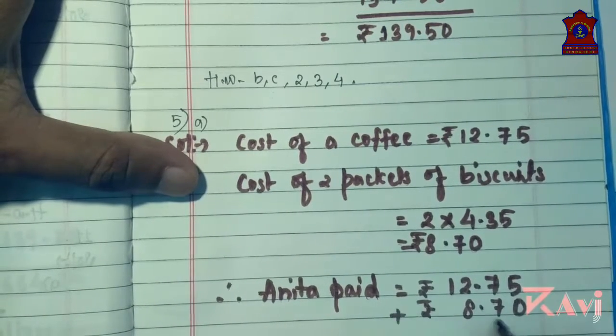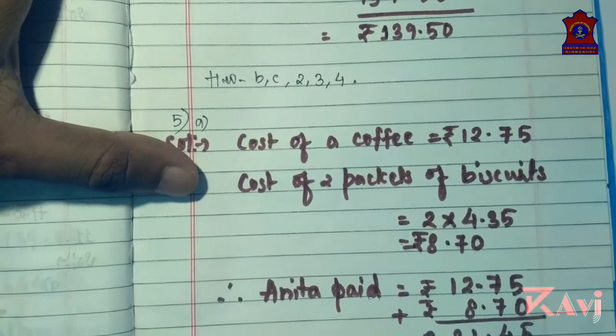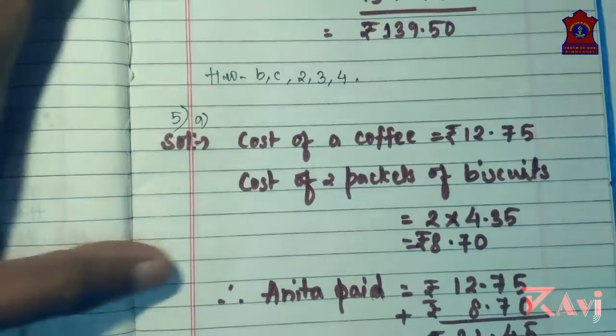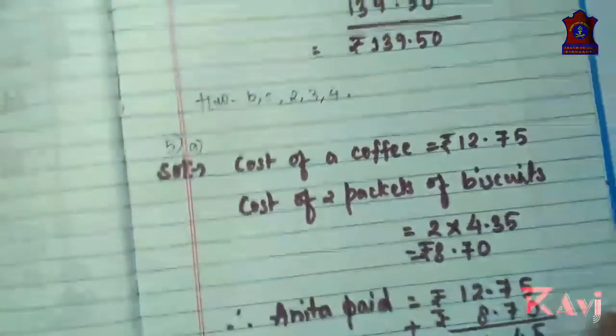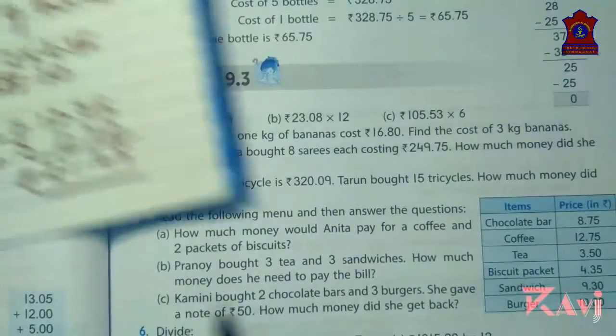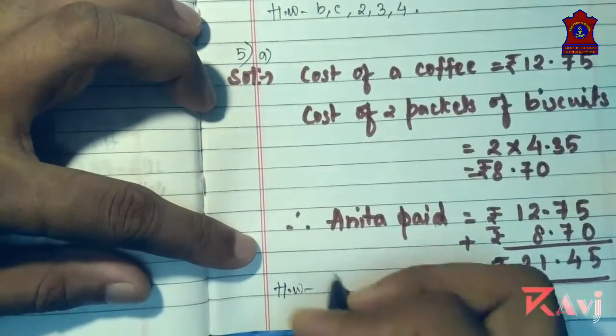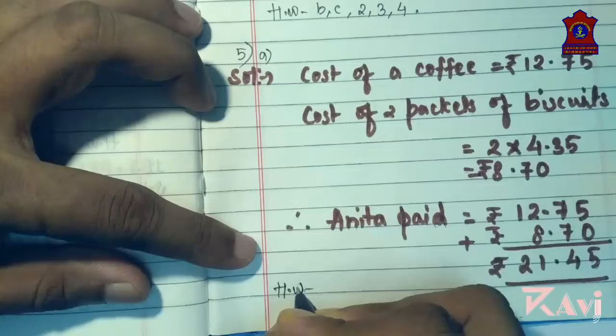Okay, and 5 and 0, 5, 7 and 7, 14, 1 goes, 8 and 1 is 9, 2 and 8, 10, 1, 11, 1, 2, rupees 21.45. Clear? Like this you have to find out the other answers. So from question number 5 you can do B and C by yourself using the same method. Using the same method you will be looking at the price list.